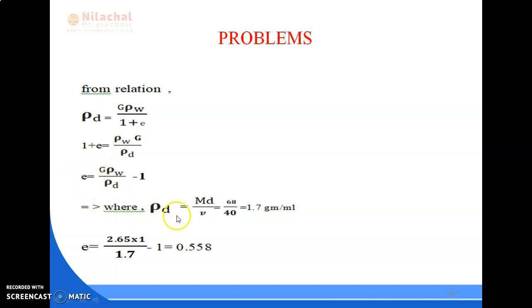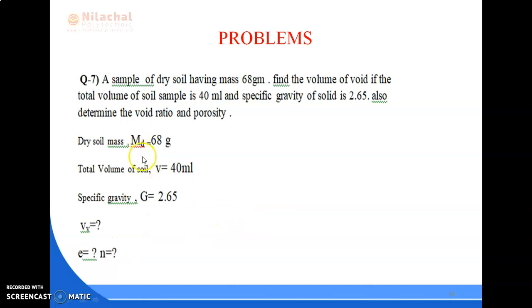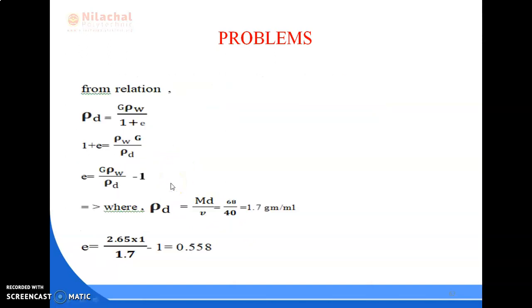Where rho D, the formula is: dry density equal to dry soil mass MD by total volume. MD is given in the question, MD equal to 68. Also volume is given, 40. So the rho D value is 1.7 gram per ml.